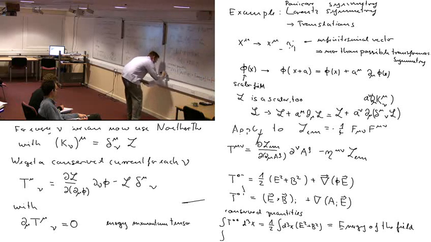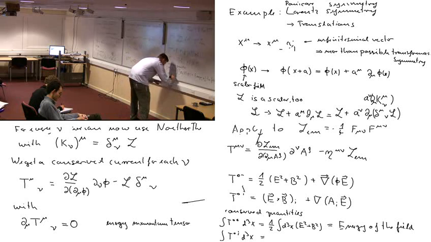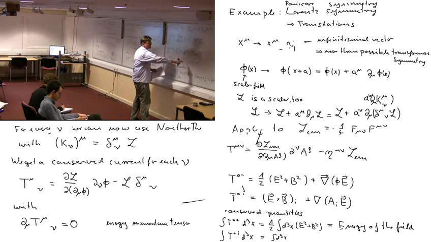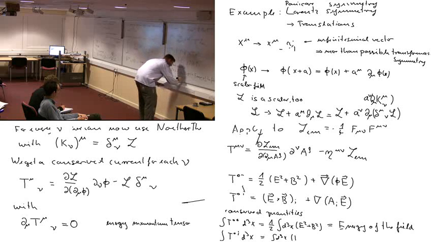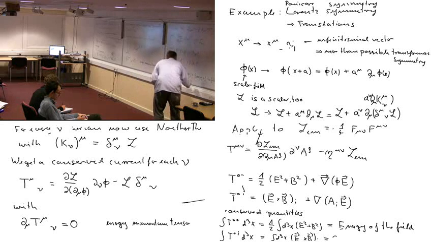And similarly, the integral of T0I d3x. The strange term over here drops again, doesn't contribute, E cross B index I. And this is speed of light times the field momentum.